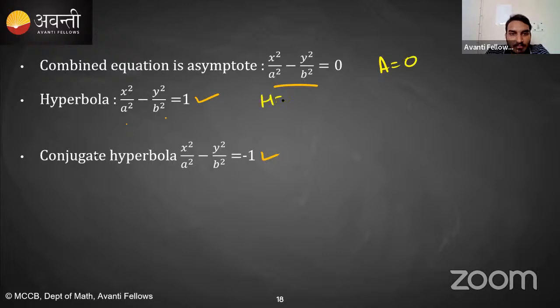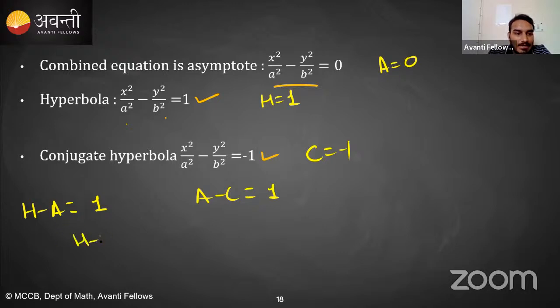What is H? 1. And what is C? -1. So what is H minus A, students? H minus A is 1. What is A minus C? A minus C is 1. देखो H minus A is equal to A minus C आ रहा है.